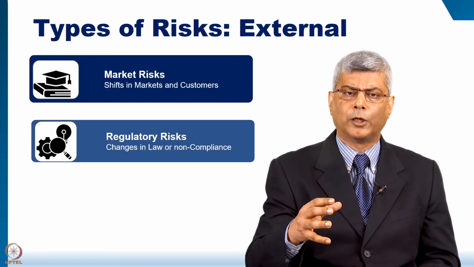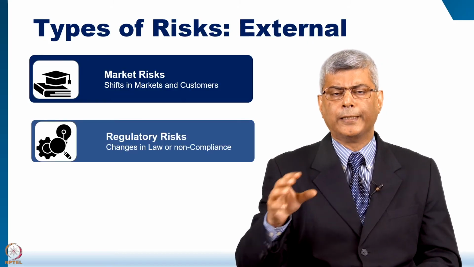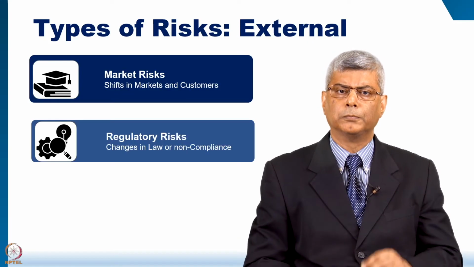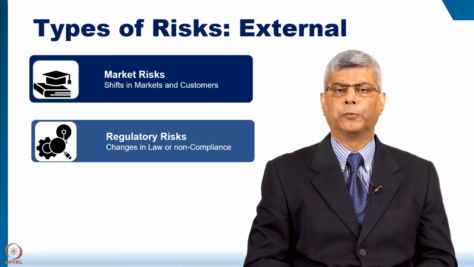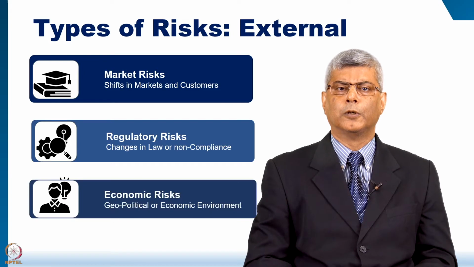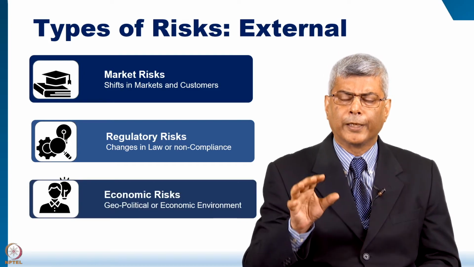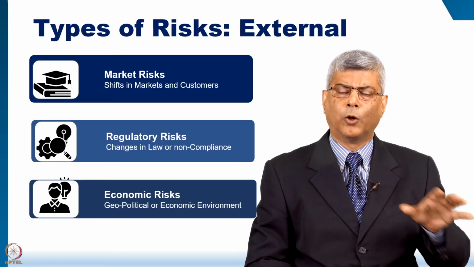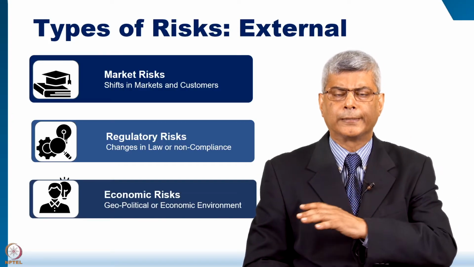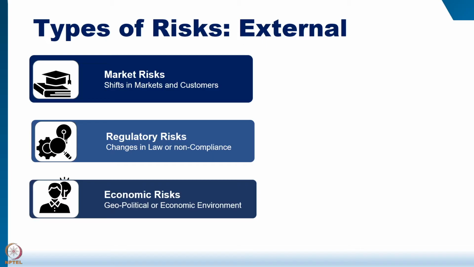It could be because of regulatory changes in the law. And we'll look at some examples in the real world. It could also be because of economic risk, because economics also drives businesses. And we'll look at some examples.